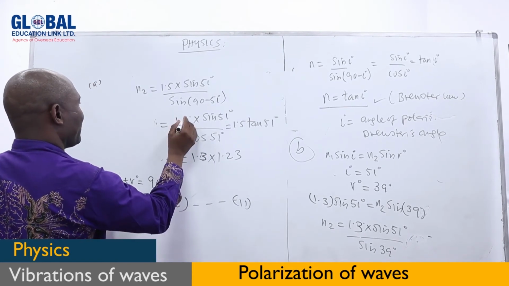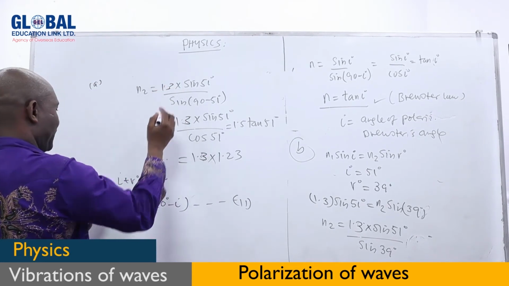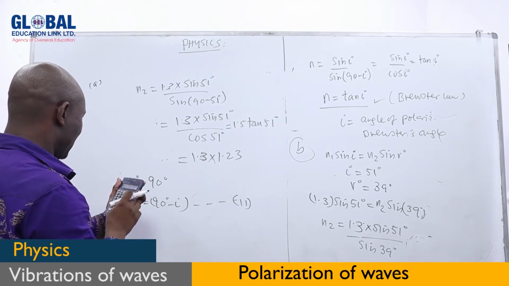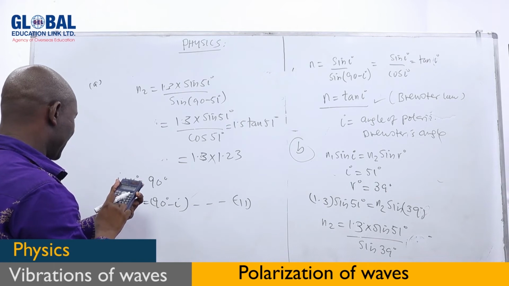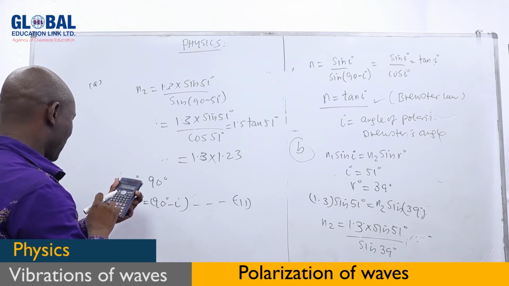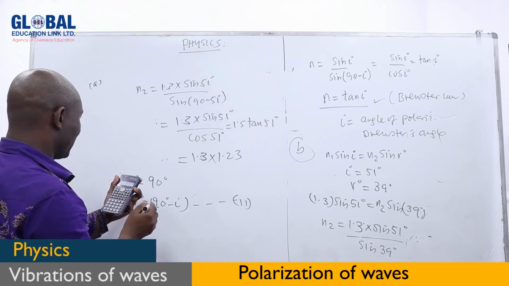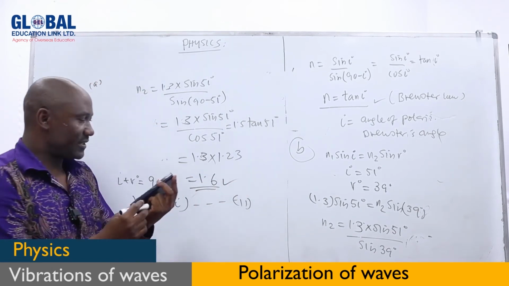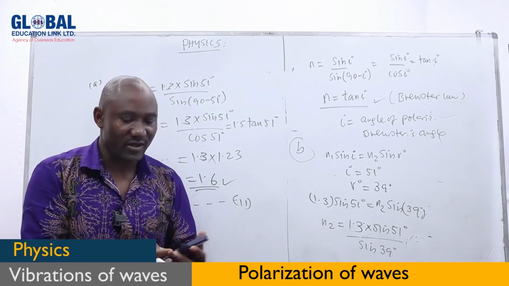So 1.3 times tan of 51 gives us 1.6. That is the refractive index of glass, depending on the nature of the glass you have.